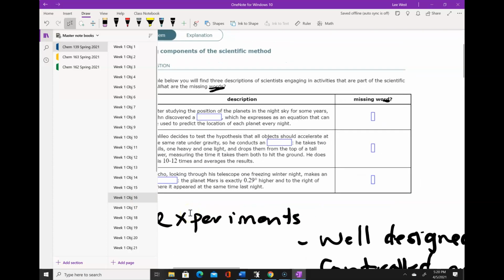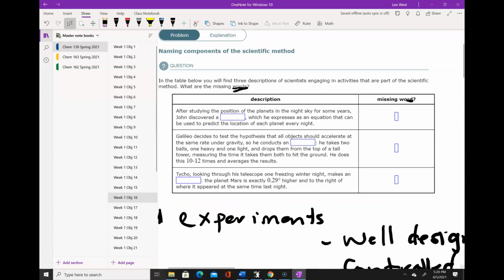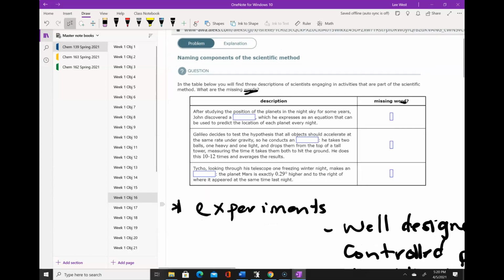So here it says, after studying the position of the planets in the night sky for some years. So he's collecting a bunch of data, right? So it's not a single experiment, it's not a single observation, it's a bunch of data. So that means that it's not going to be experiment or observation. John discovers a something which he expresses as an equation that can be used to predict the location of each planet every night.